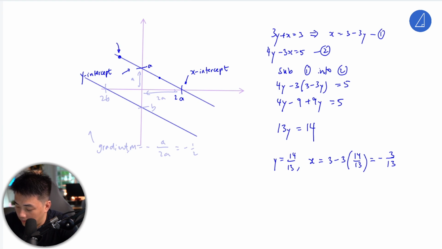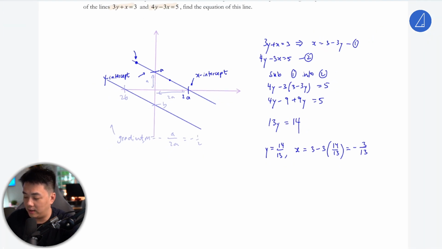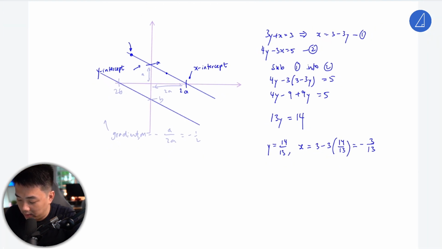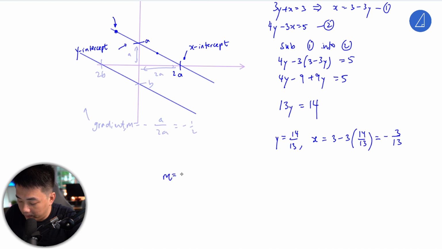So this line will pass through this point. I'm not sure whether the line is at the bottom or top, but we can find it. The gradient is negative half, and it passes through x equals negative 3 over 13, y equals 14 over 13. What you can do is y equals mx plus c and find out what c is.